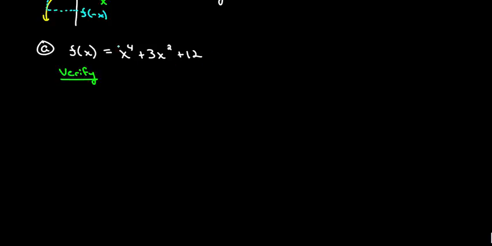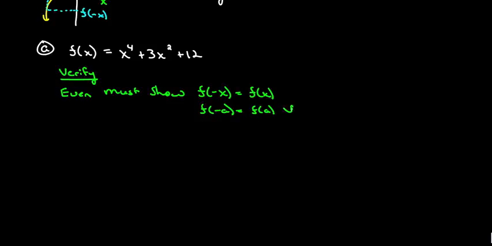So let's say we believe that it's even. To verify that it's even, we must show that f at negative x is the same as f at x. Or we could say that f at negative a is the same as f at a for all a in the domain of f.